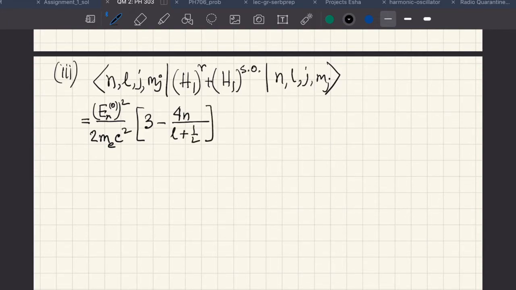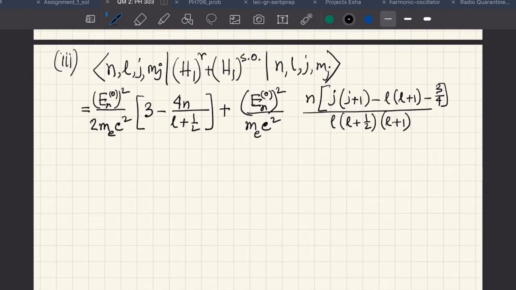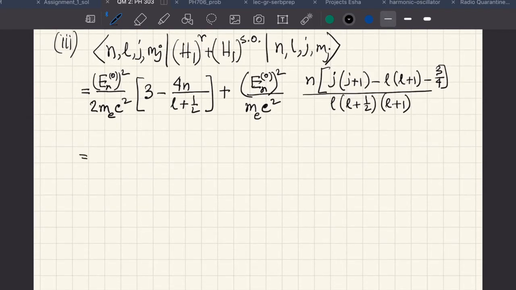This is the relativistic correction, and then plus En0 whole square divided by MEC squared into n into j into j plus 1 minus L into L plus 1 minus 3 by 4 divided by L into L plus half into L plus 1. So these two terms need to be added.